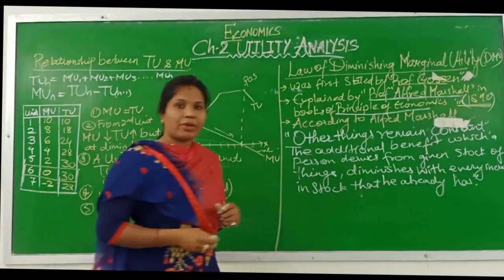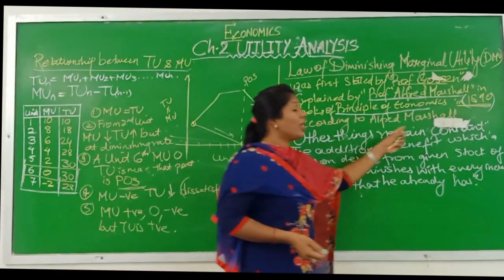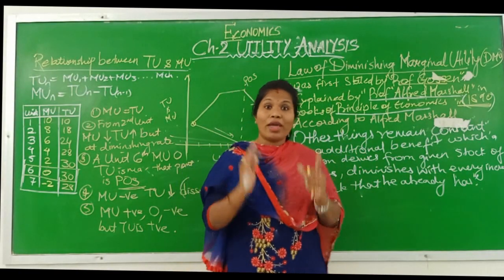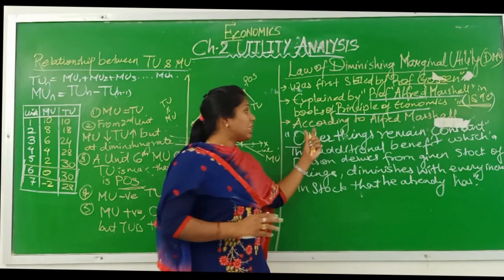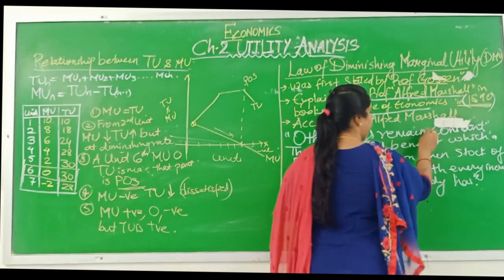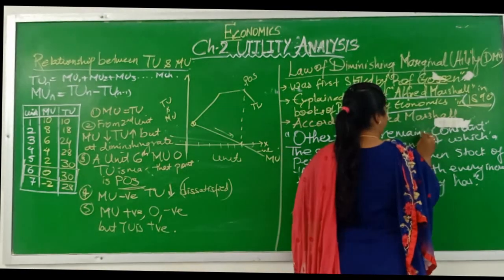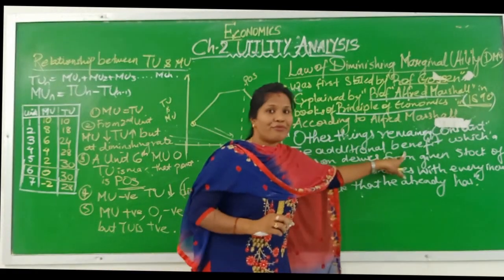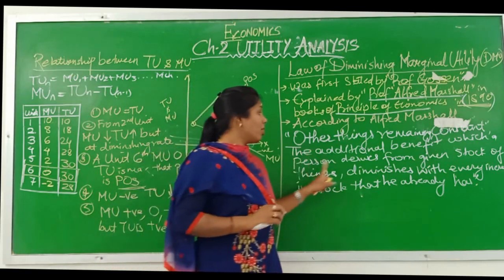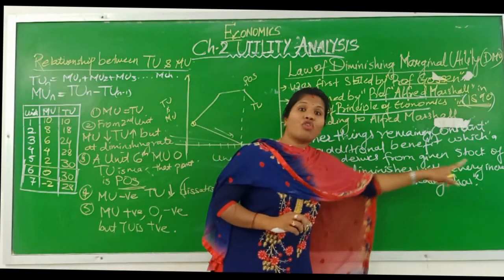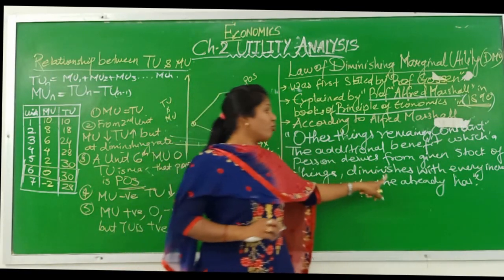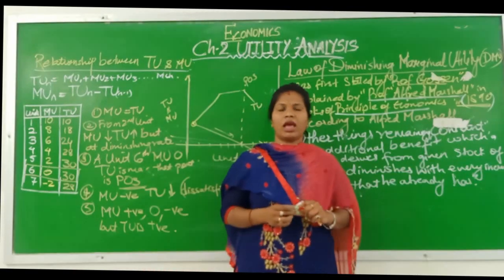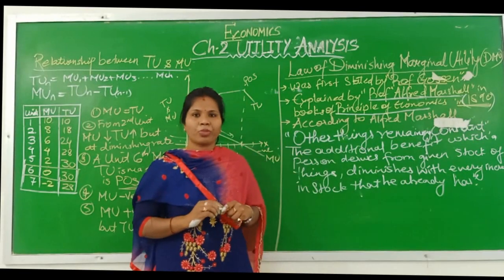According to Professor Alfred Marshall, other things remain constant. What are the other things that remain constant? We will discuss that. But now, every law starts with other things remaining constant. The additional benefit which a person derives from a given stock of a thing diminishes with every increase in the stock that he already has. I'll give you a simple example.